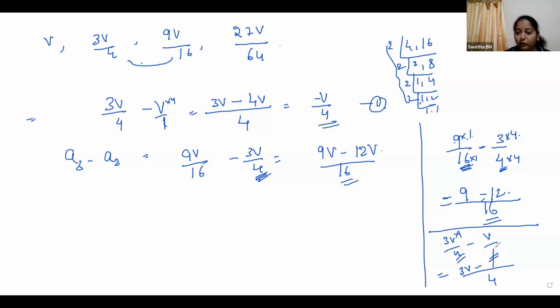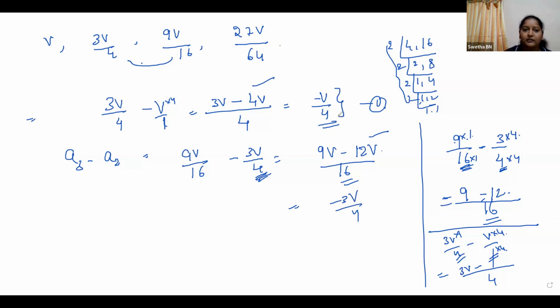To make it 4, you should multiply by 4, both numerator and denominator. Got it? Yes, ma'am. So v into 4 is 4v, I have written here. So 3v minus 4v, that is minus v by 4.